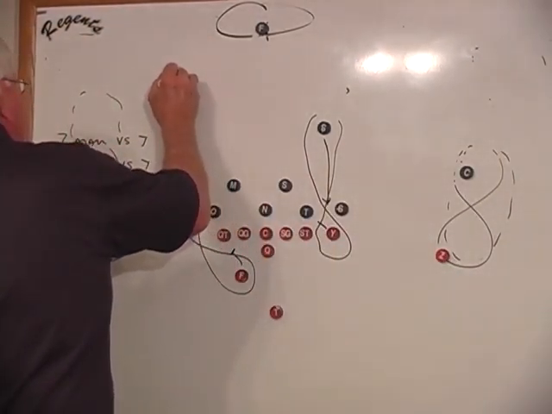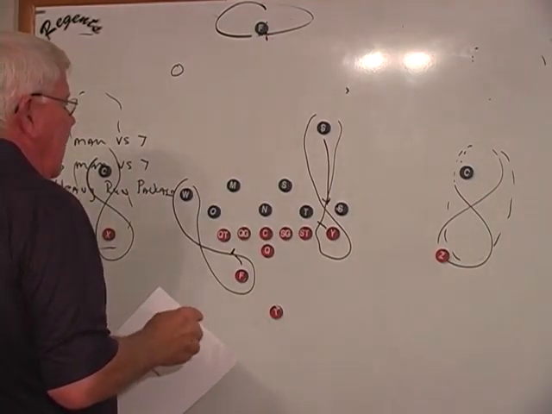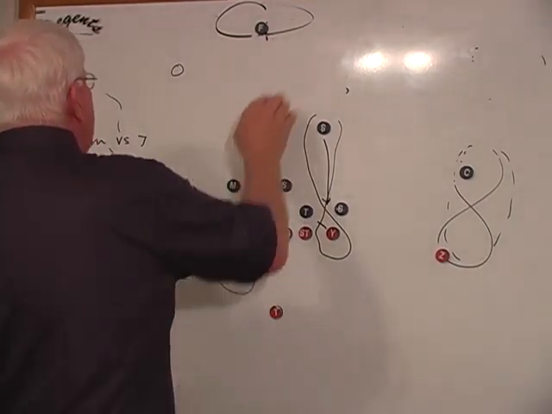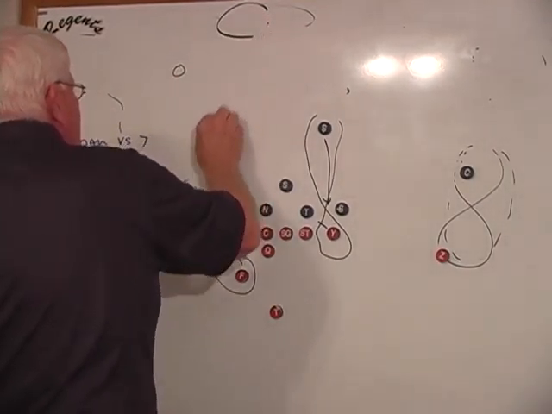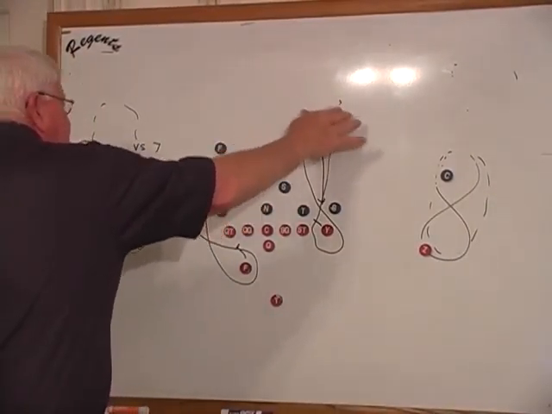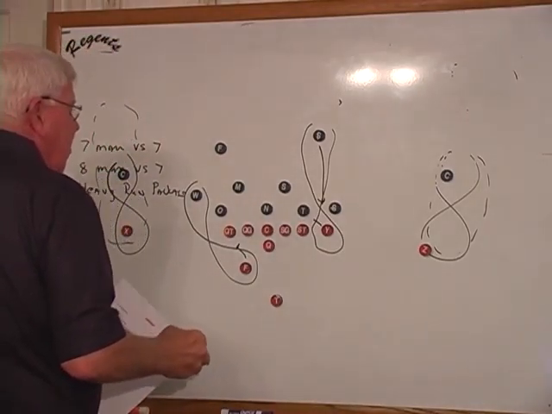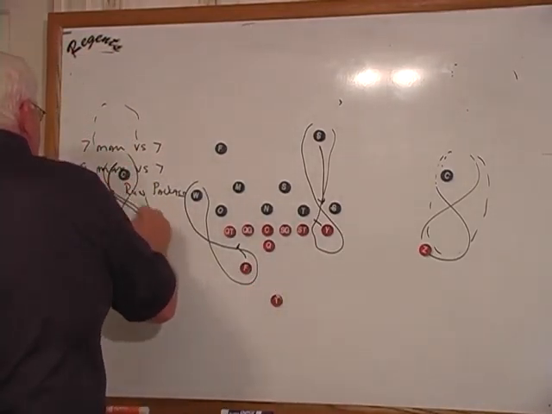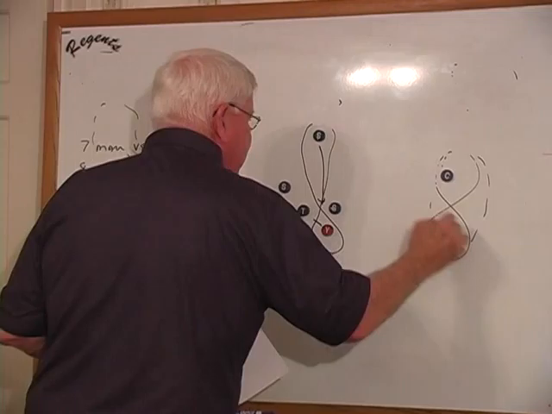We also have the zero coverage. Now, zero is where there are no free safeties, and this guy is playing down into the box here like this, and so now they have two guys that are covering these guys by pass.